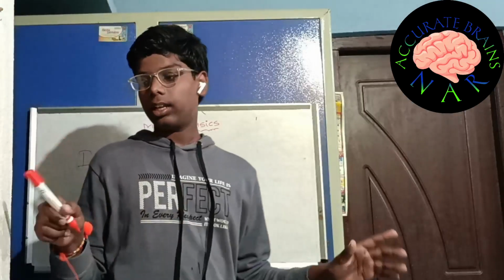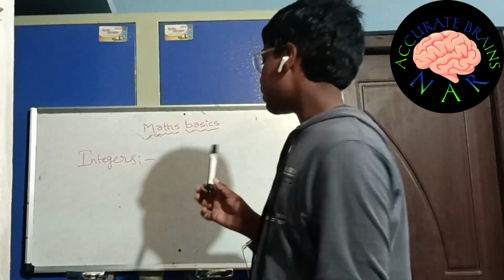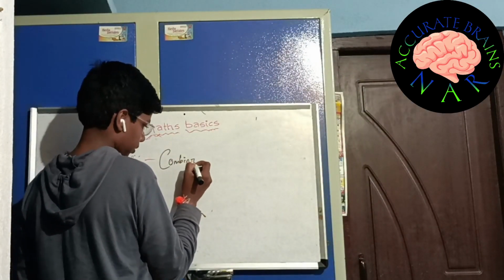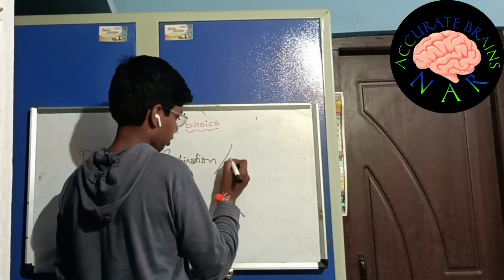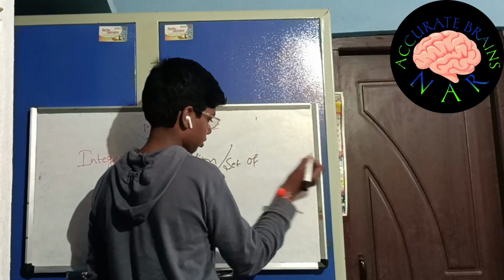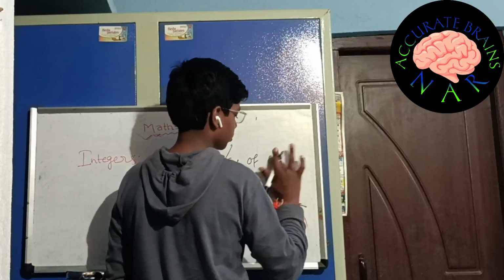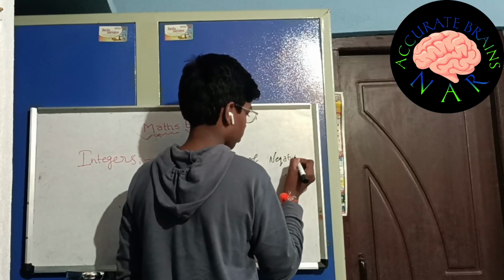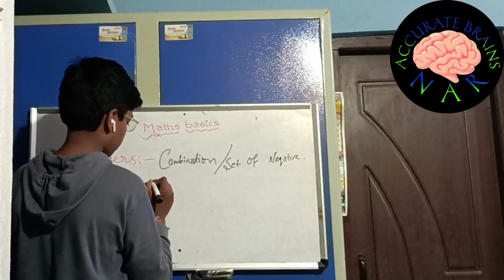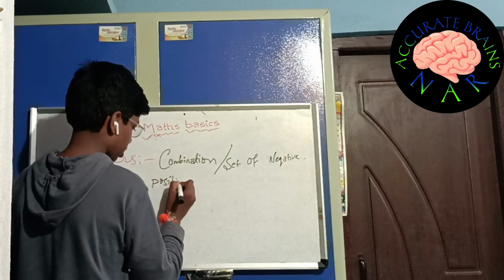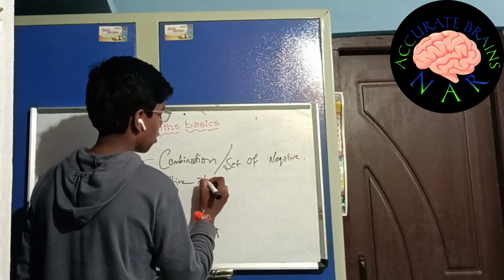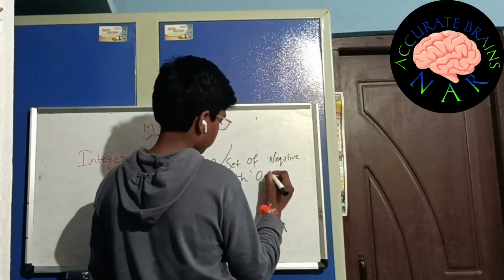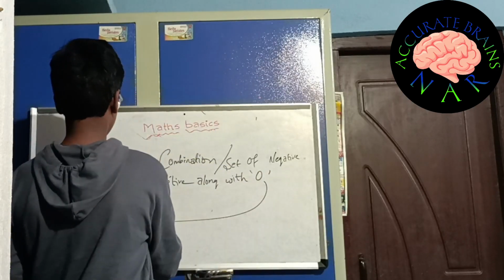Integers are the numbers. Simply we can say that a combination or set of negative, positive, along with 0 are called integers.